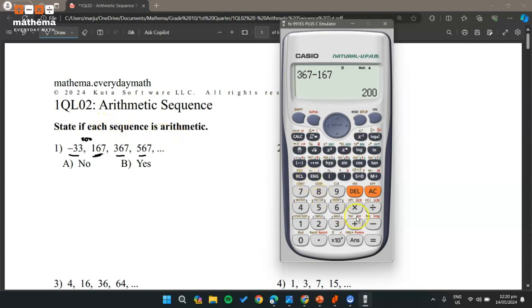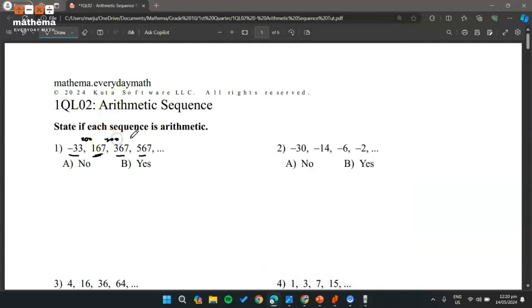Then 567 minus 367 gives us again 200. So we have a constant difference. Is this an arithmetic sequence? By definition, this is a yes.